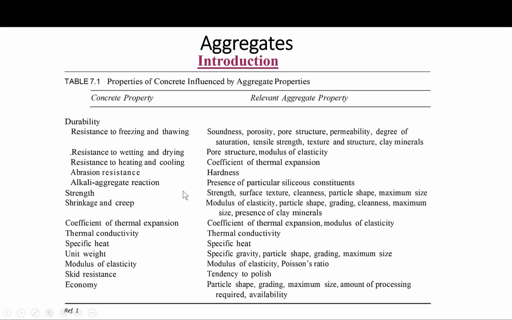For strength, for example, the strength of the aggregate, the surface texture, the cleanness of the aggregate, the particle shape, maximum size, all these influence the strength of the concrete.